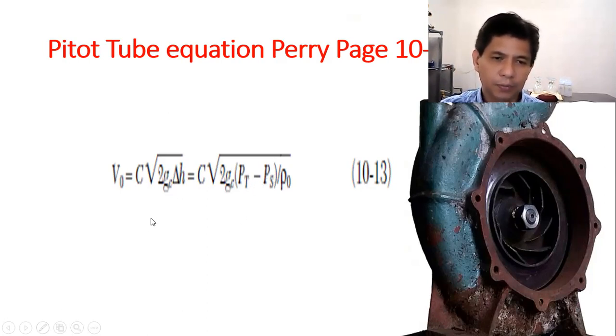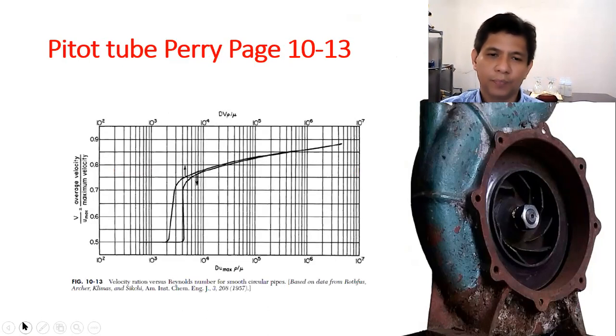Okay, so once you get the vmax right here, the next step is you're going to calculate the Reynolds number. Generally, if you get the vmax, you're going to get the D v rho max divided by mu. Ito yung kanyang value.